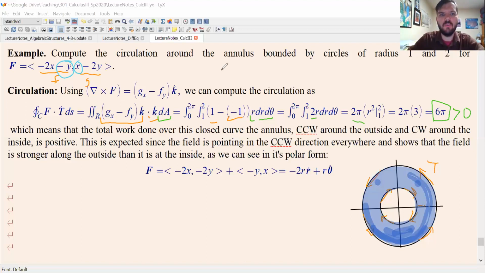So we could group that out over here, and what's left over is a radial component.